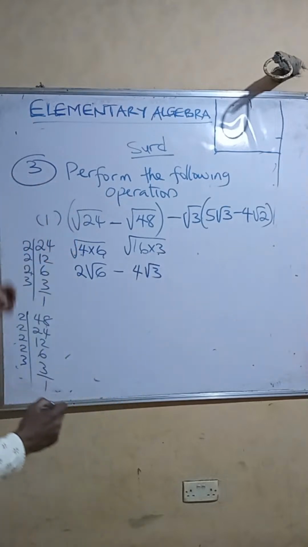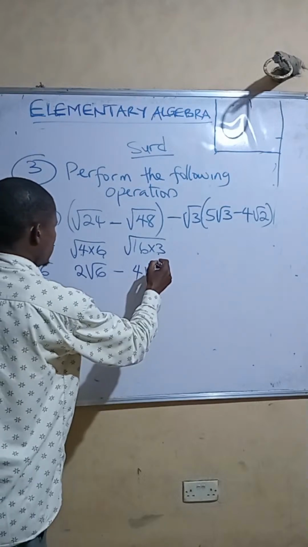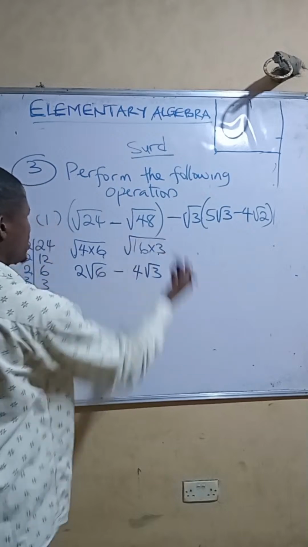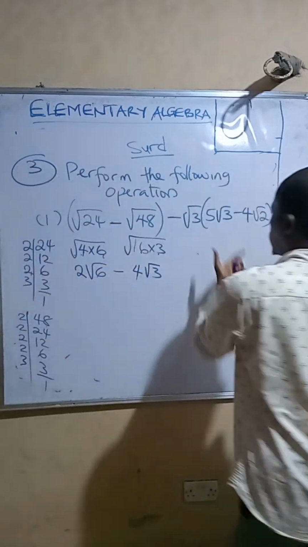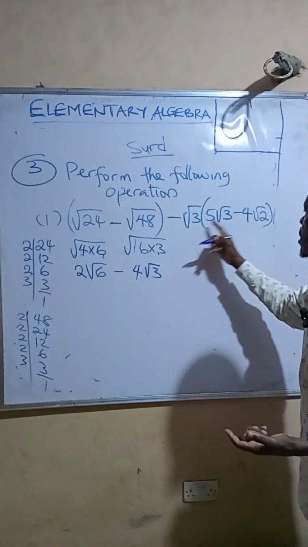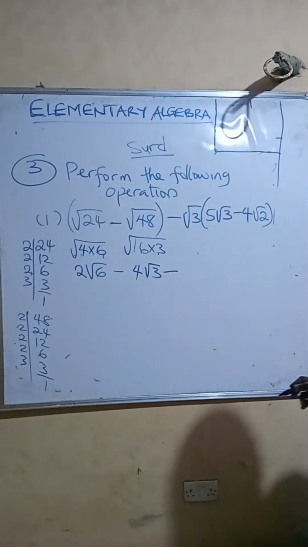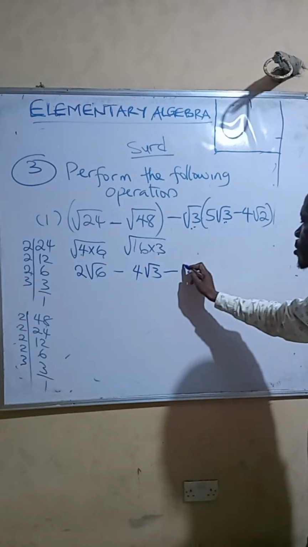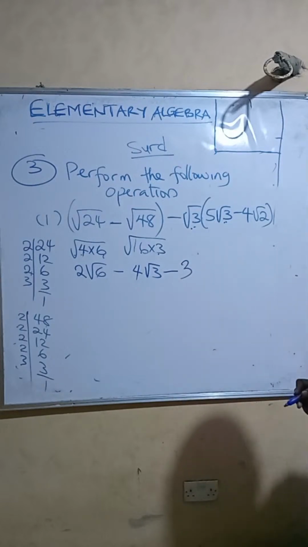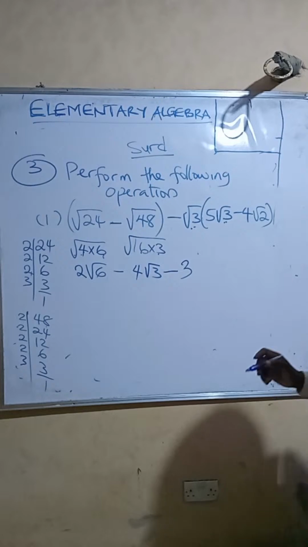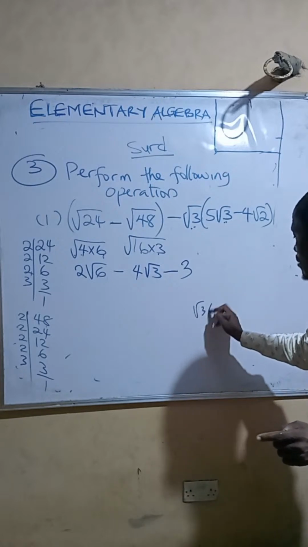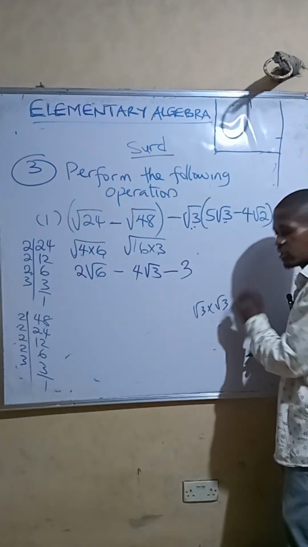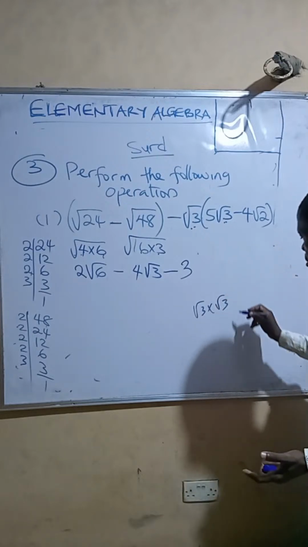Okay, so that's that. We can open the brackets and begin to expand. This one times this one. The root will multiply itself. Root 3 times root 3, that's 3. I've told you, whenever you have a root multiplying itself, it's going to give you the content of that root, which is 3.